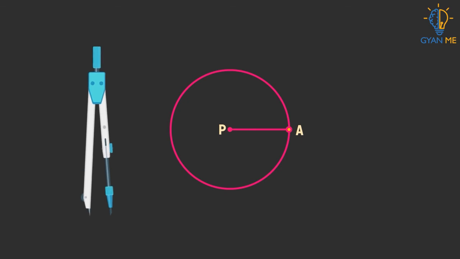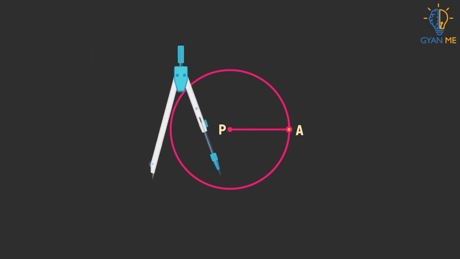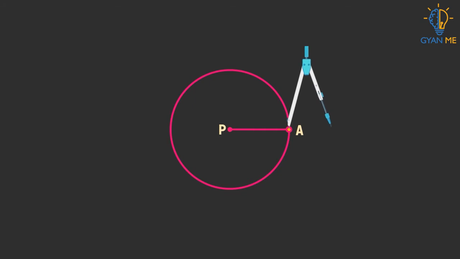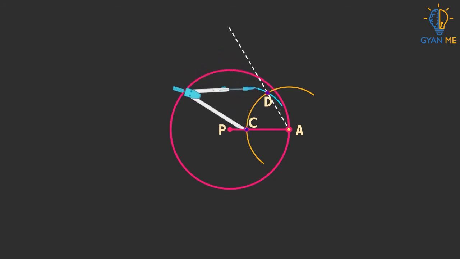Using the compass with suitable radius and with A as a center, draw an arc that cuts the radius AP at a point C. With the same radius and C as the center, draw another arc that cuts the previous arc at D. We know this makes our 60 degree angle.